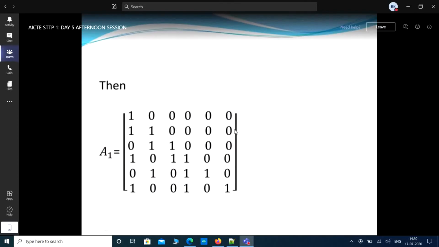How is it converted? With the help of elementary row operations or column swapping operations only. So with the help of column swapping or elementary row operations, it is converted to a lower diagonal form. I am using column swapping operation to convert to lower diagonal form.